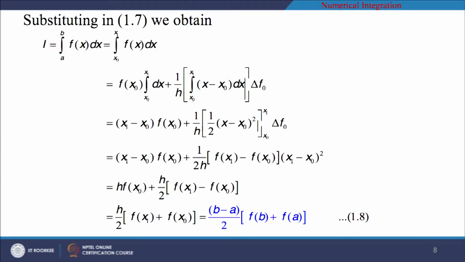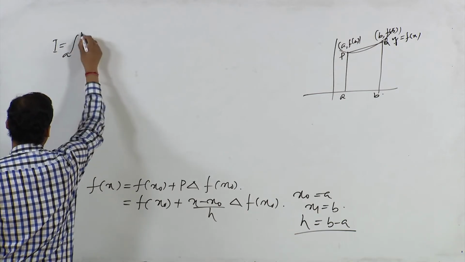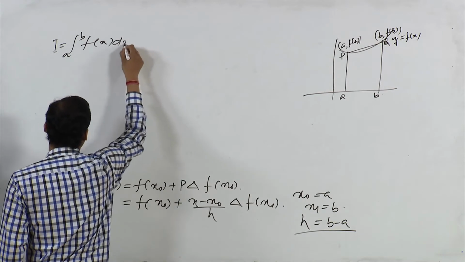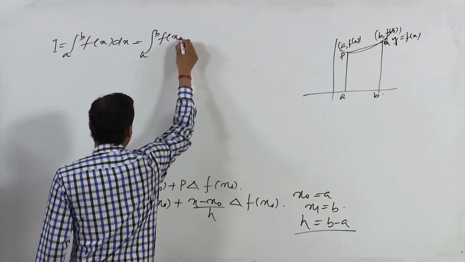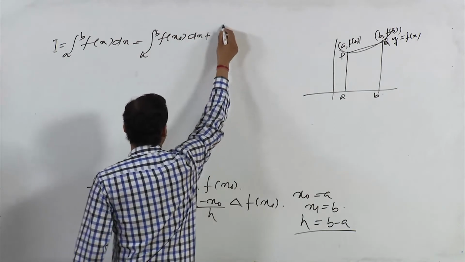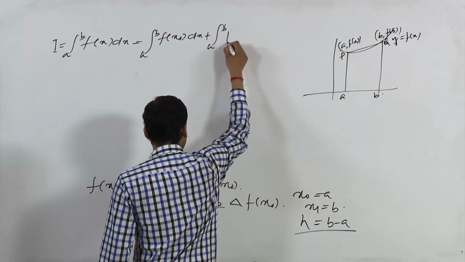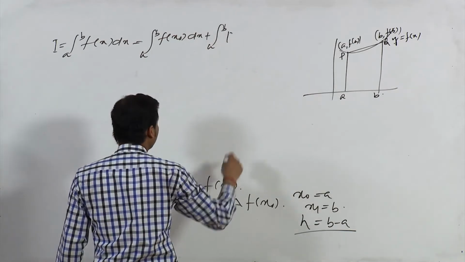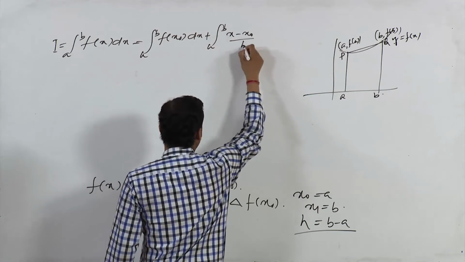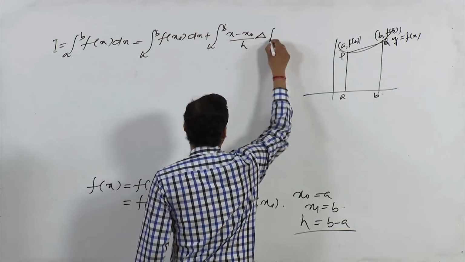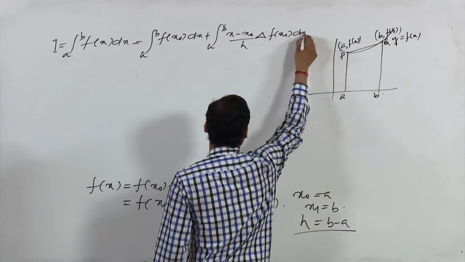Then if we integrate this function over the range a to b, the integral I can be written as the integral from a to b of f(x) dx, which equals the integral from a to b of f(x0) dx plus the integral from a to b of ((x − x0)/h) Δf(x0) dx.